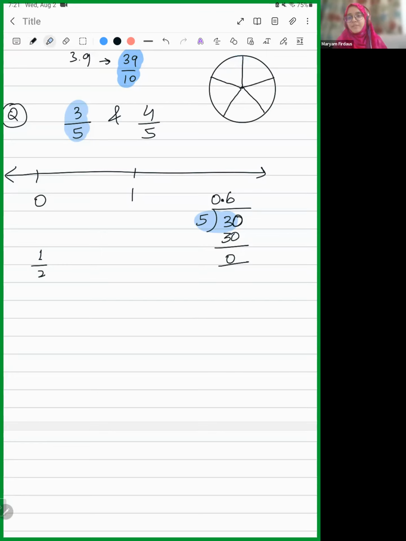Similarly, if you take 4 such parts, you get 4 out of 5.